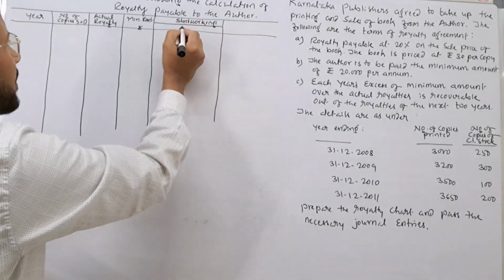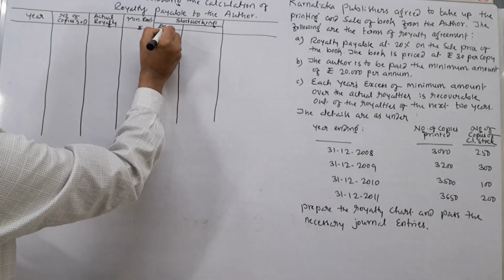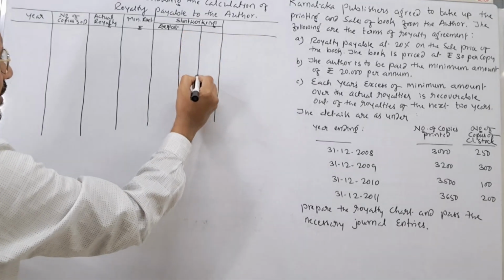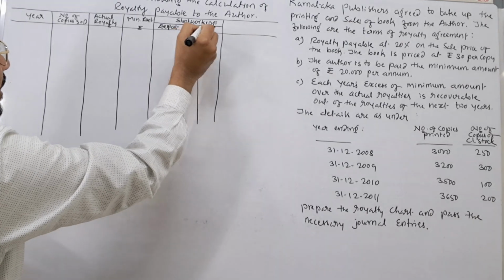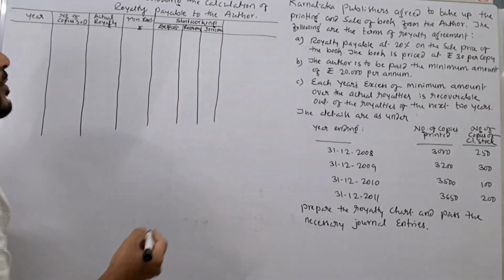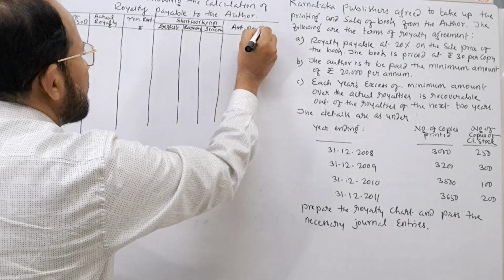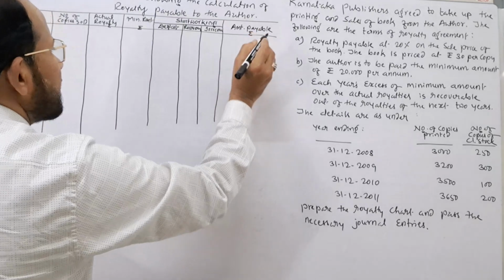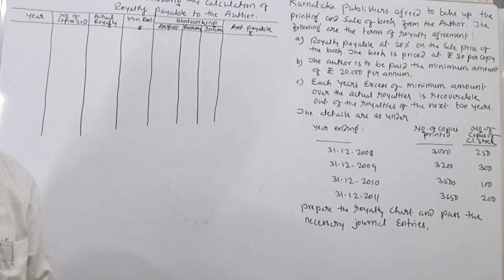In this we put one column for deficit. Next column for recovery. This is the recovery column. Next one is the irrecovered column. And the last one is amount payable to the author. Amount payable we have to put as the last column. These are the important columns which we put in the table.